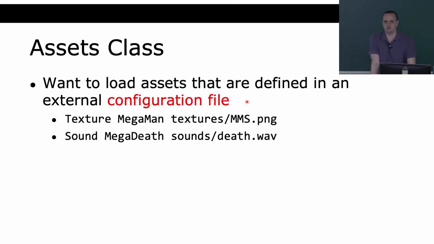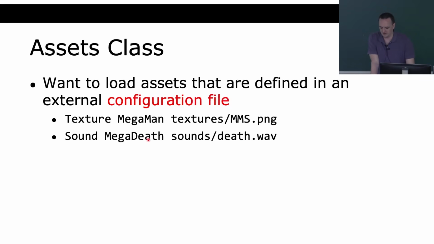I'll get more into the details of how we're going to do this with the assignment when I go over the README file, but essentially we'll have a configuration file with one option per line, just like we did for assignment 2, and we're going to specify things like, hey, load a texture. Give that texture the name Mega Man, and here is where that texture lives on disk, right? Another thing, hey, load a sound.